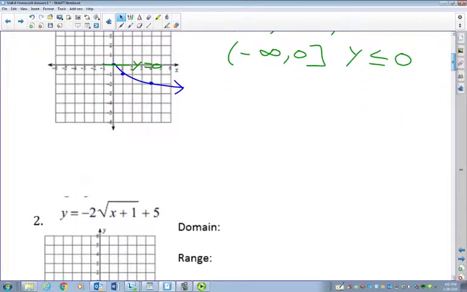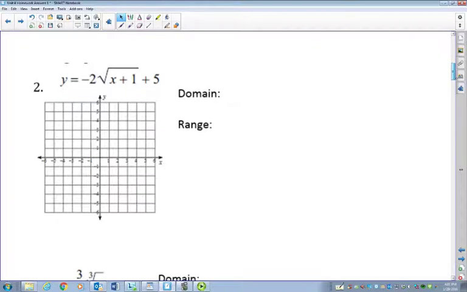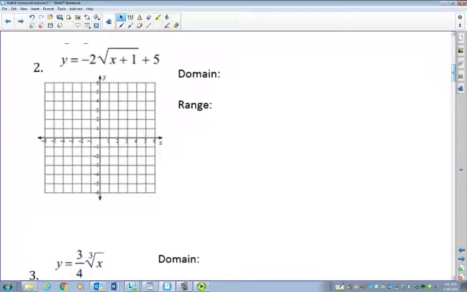Let's see how much time we have here. So this one is going to be a shift. Ooh, a lot of shifting here, isn't it? So starting at 0, 0, this means to go up 5, and this is the opposite. Inside the house is the opposite. And so it means instead of going to the right one, you're actually going to go to the left one.